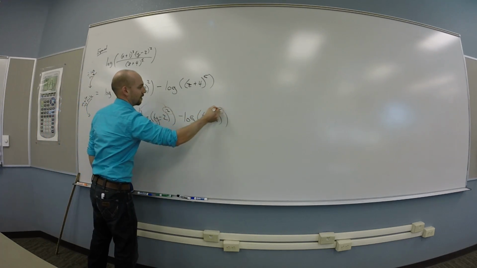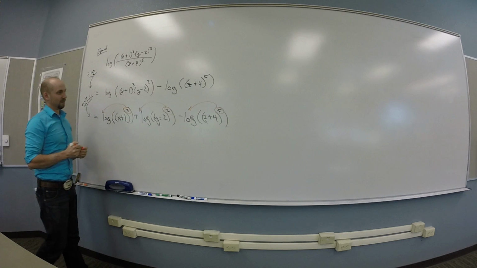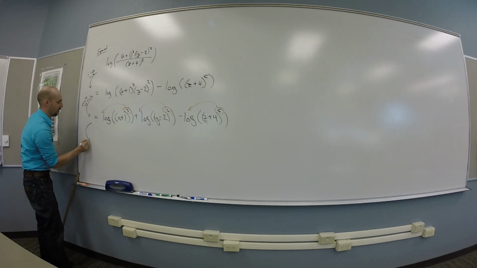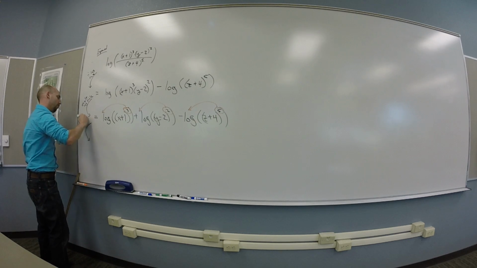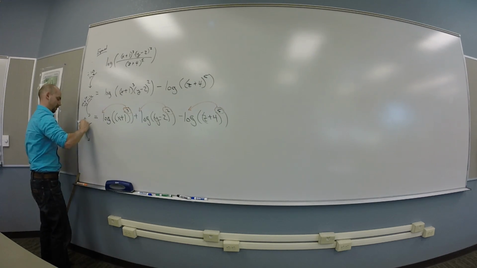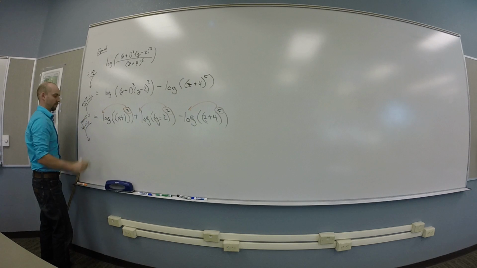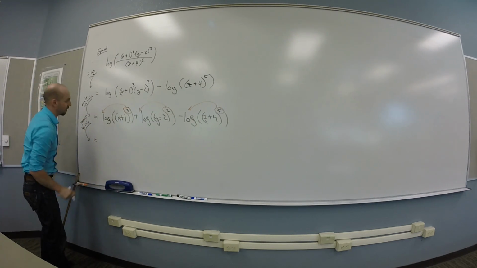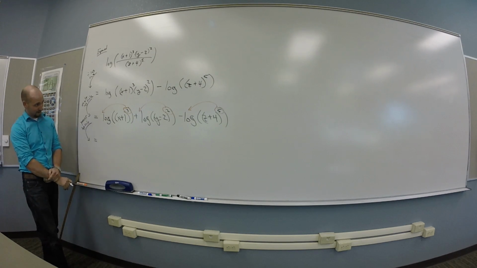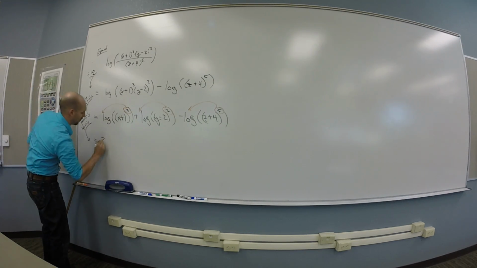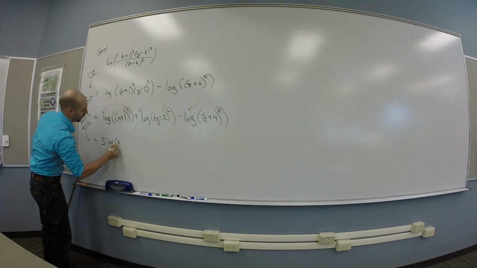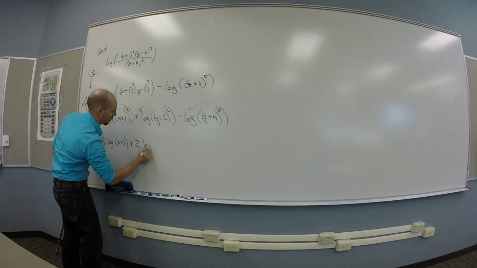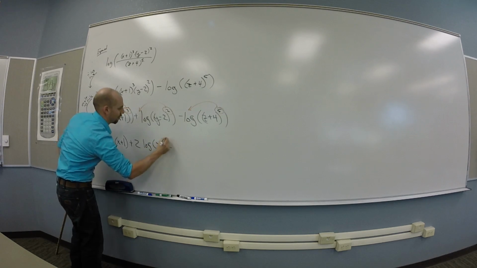Yep. So really that's applying the power log rule 3 times, right? And what do I get when I'm done with that? 3 log x plus 1 plus 2 log y minus 2 minus 5 log z plus 4.